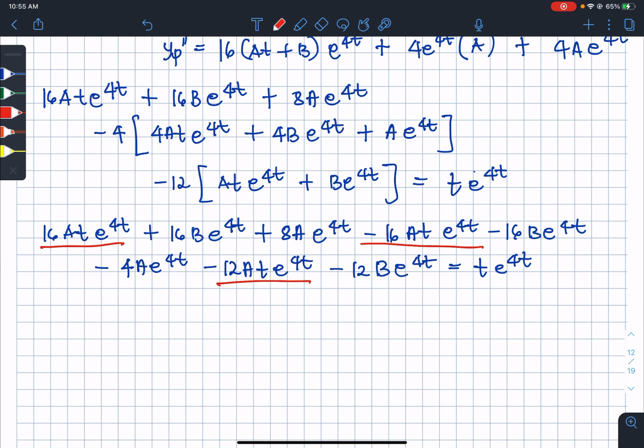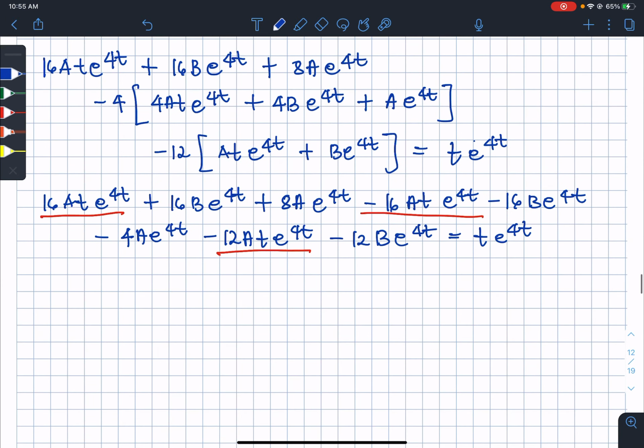Okay, so that will yield 16a minus 16a minus 12a. I just multiplied it with te^(4t).